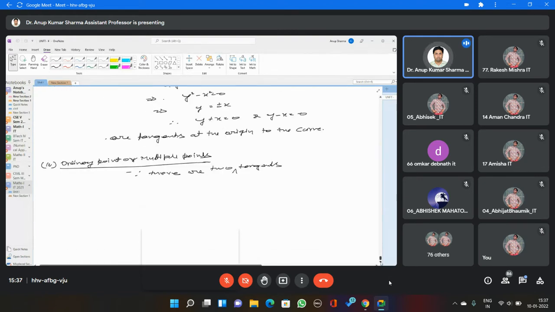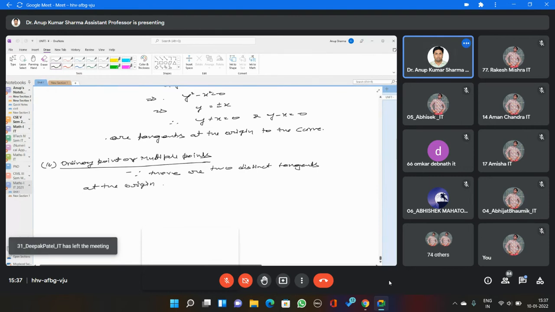There are two distinct tangents at the origin to the curve.